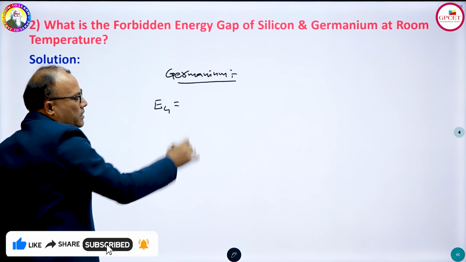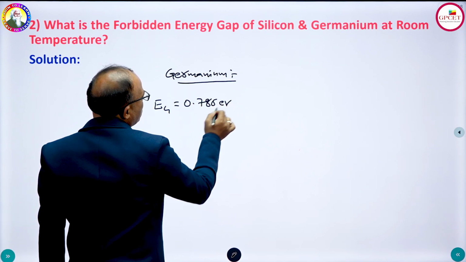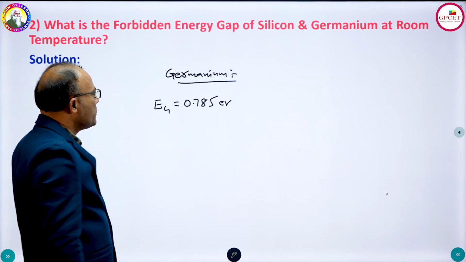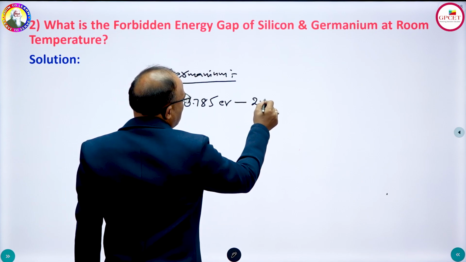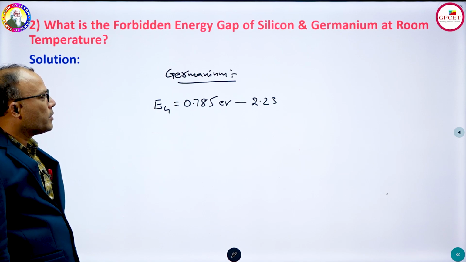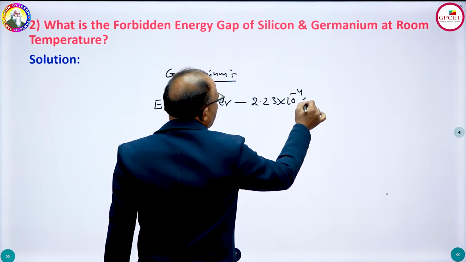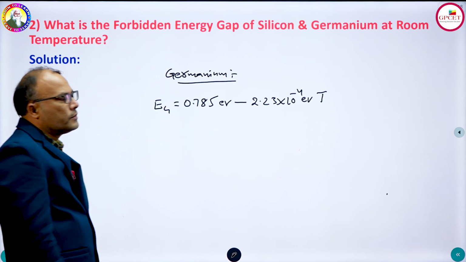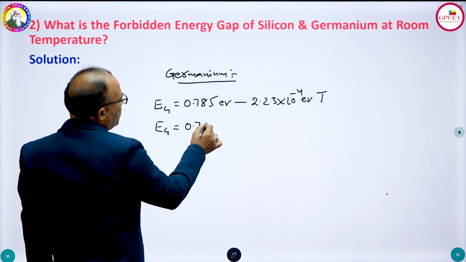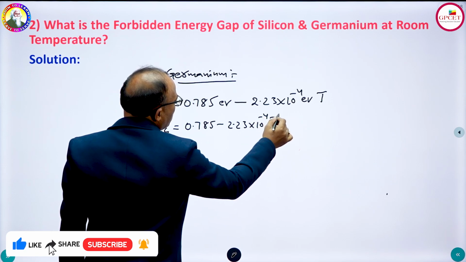It is given by energy gap equal to 0.785 electron volts minus, per every degree Kelvin rise, its energy gap for germanium decays by 2.23 into 10 power minus 4 electron volts into capital T. So the formula to calculate energy gap for germanium is 0.785 minus 2.23 into 10 power minus 4 into capital T.